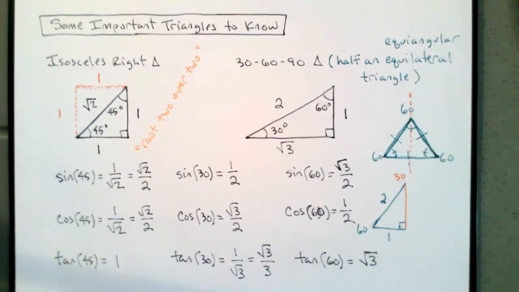This should make sense because if we take the sine of an angle, that will be the same as the cosine of the complement to that angle. Since 45 is the complement of 45, that's why the sine and the cosine of 45 are both the same. Cosine of 30 is root 3 over 2, and sine of 60 is root 3 over 2.